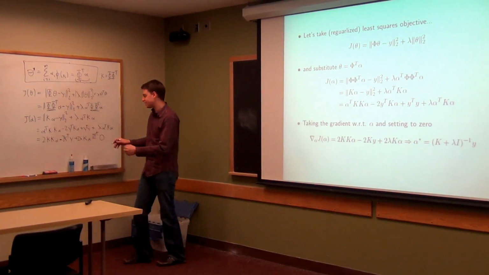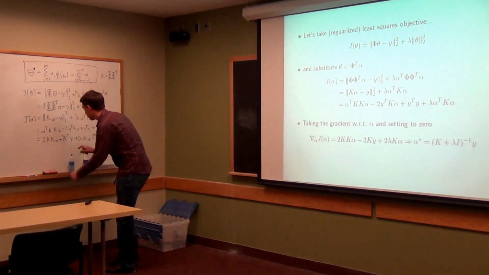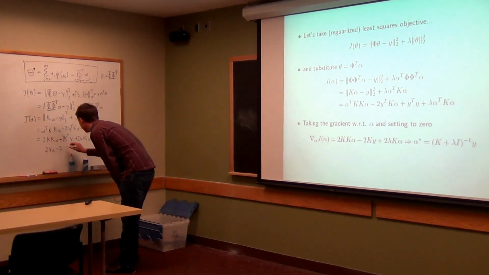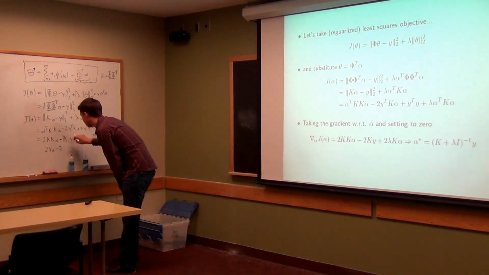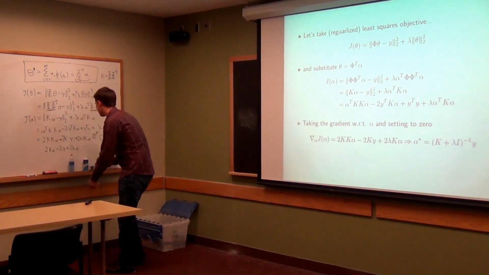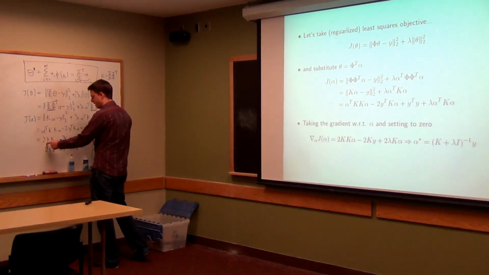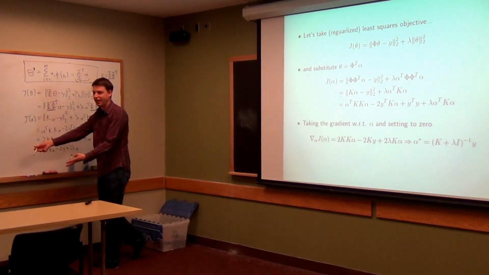As long as this term, 2K alpha minus 2y, sorry, this is just K, there's no K transpose there, plus 2 lambda alpha, is equal to 0, so will this thing be. Because if this is equal to 0 and you multiply it by K, it's still equal to 0.